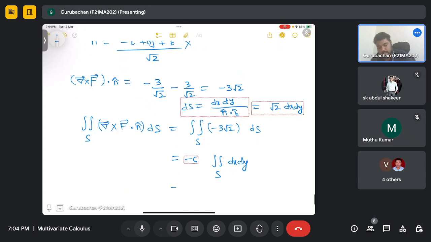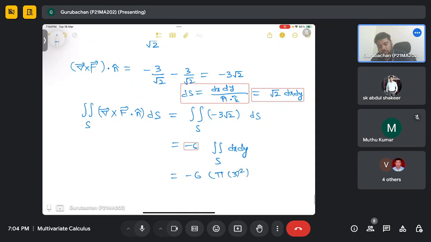Again, this is the area of a circle having the radius 3. So minus 6 pi 3 square, which will give you minus 54 pi. So this is your surface integral now.